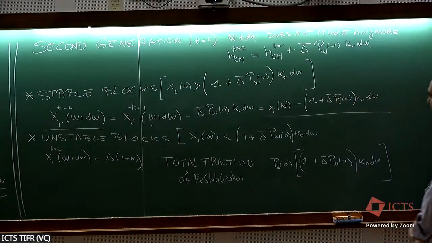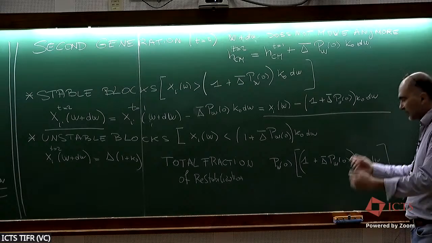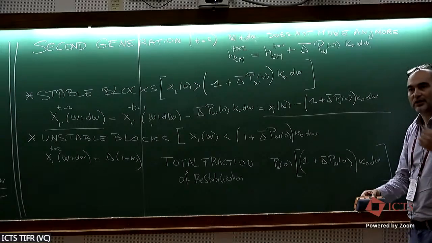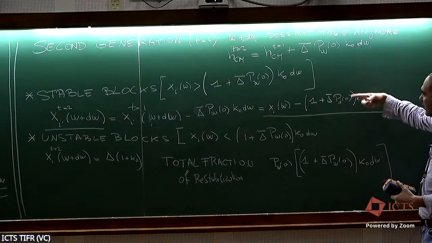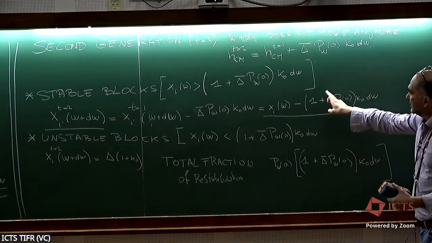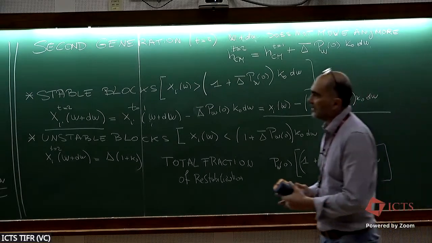Okay? So now I'm done. Now you have to do the third generation and the fourth generation, the fifth generation, and so on. But what you realize is that every time you have a generation, you add this term.